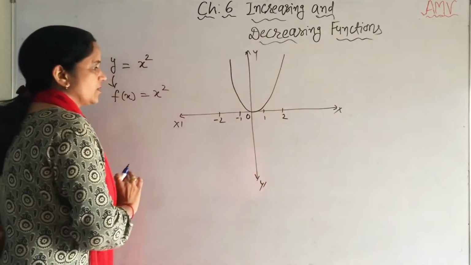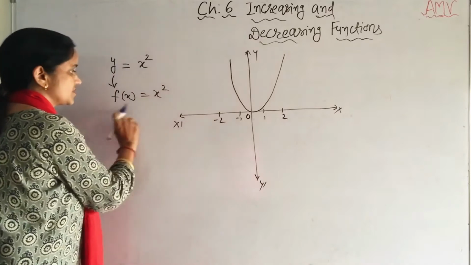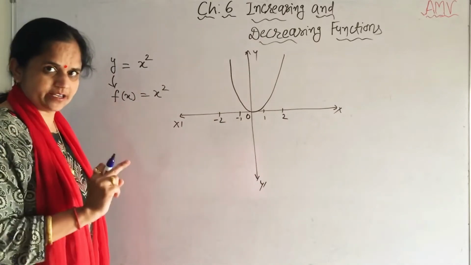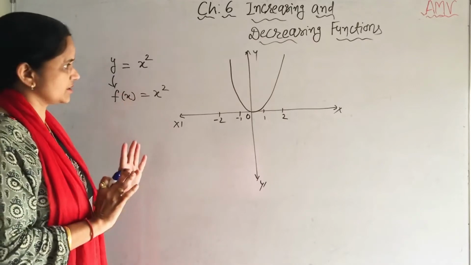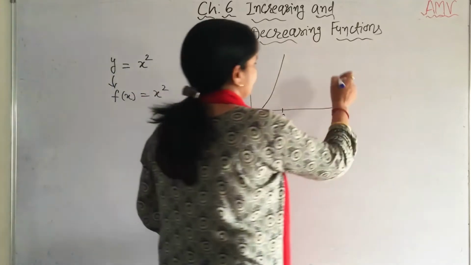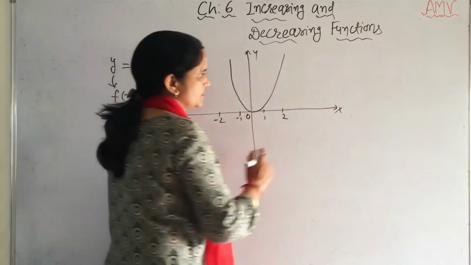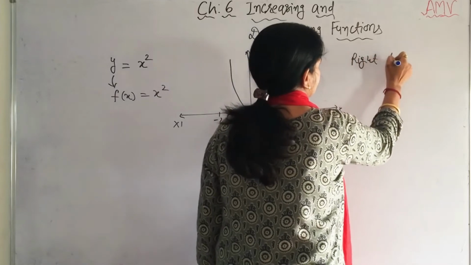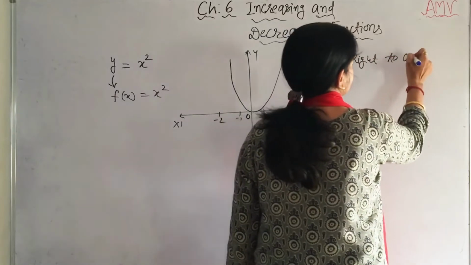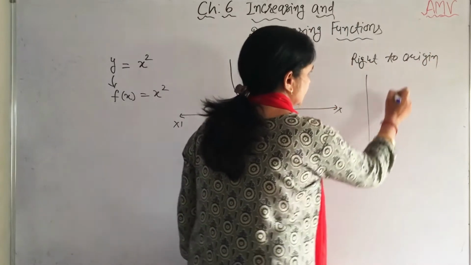Okay, and now we will find according to the graph whether this function is increasing or decreasing and in which interval it is decreasing or increasing. First of all, we are taking the graph right of the origin. See the values.